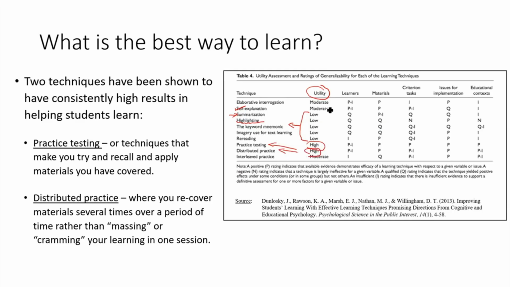They're the two techniques that stand out. And it doesn't matter what kind of task or the way you test it. These work no matter how you're testing it, via an exam, via a quiz, via answering a problem, via writing an essay. These things work to help you learn.